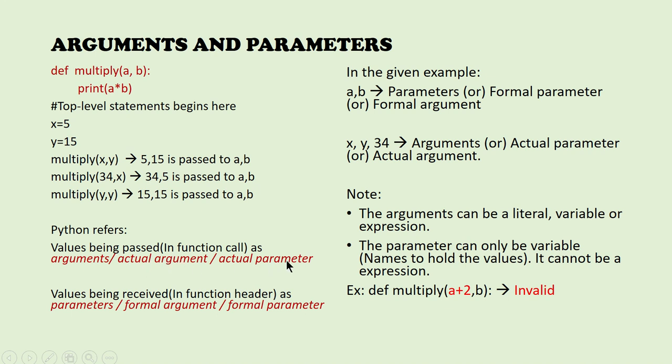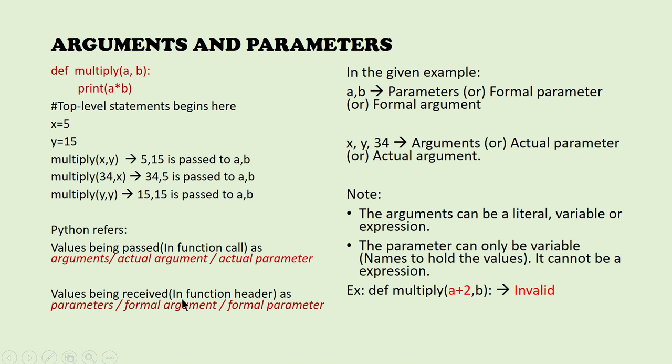If you are planning to use the word parameter, then you have to say actual parameter. You got it? So here x comma y is an argument, or you can call it actual argument or actual parameter.